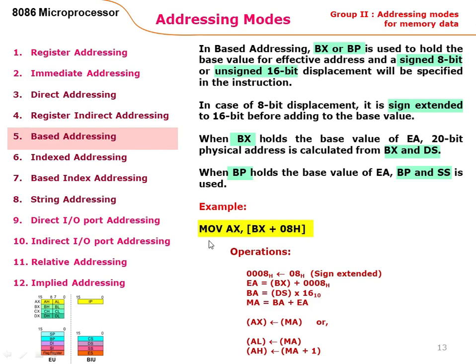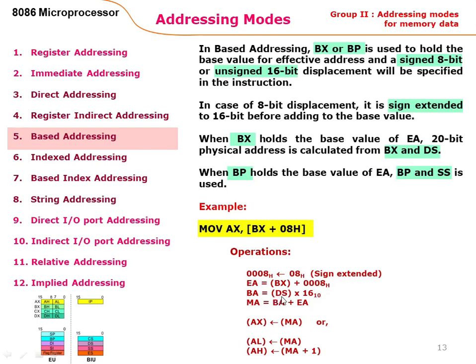See the example given here, MOV AX, [BX + 08H]. So BX holds the base value and 08 is the signed displacement. Now the sign extension to convert it into 16 bits is added here, so we will get 0008 as the displacement. Now the effective address is calculated as BX plus 0008. As we are using the BX register for the effective address, the base register will be the DS register, or data segment register.